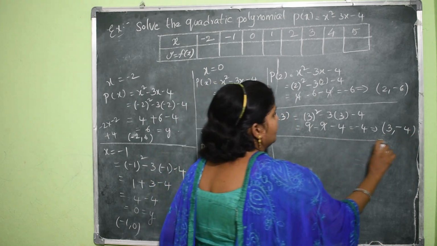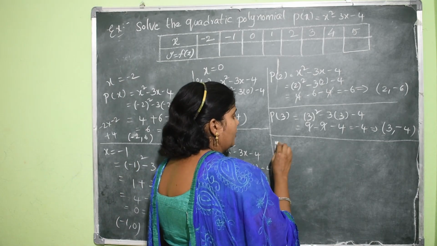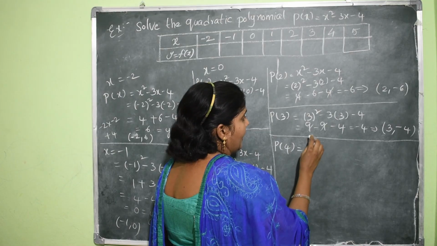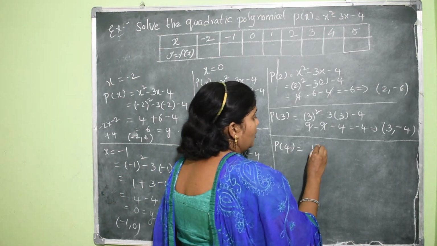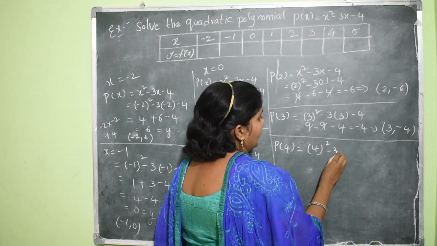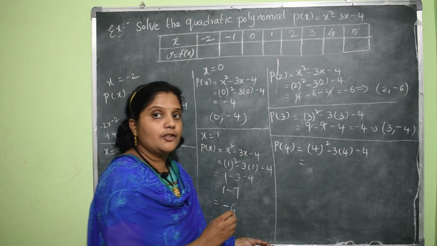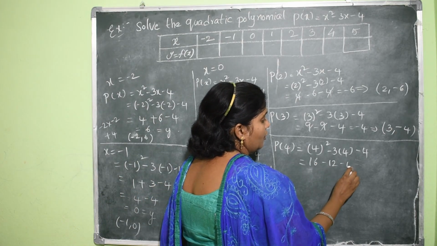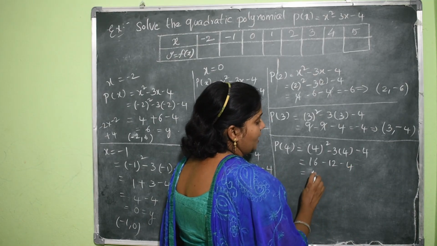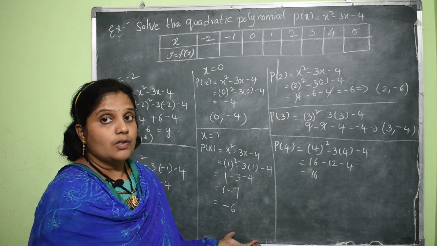Next for p of 4 value. So for p of 4, again in the place of x I am taking 4. So 4 whole square minus 3 into 4 minus 4. So 4 square means 4 into 4, 16, minus 3 4s are 12, minus 4. So 16 minus 12 minus 4 how much? Both are having same sign, so addition.